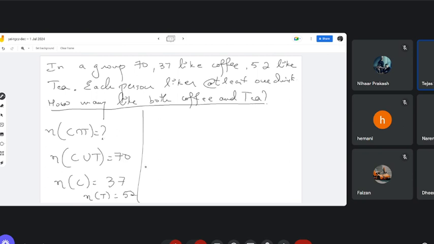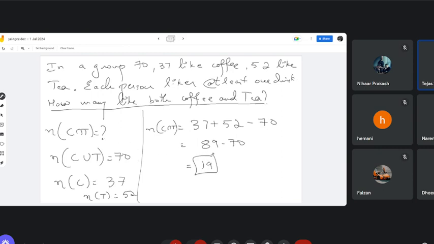You know what to find. Same formula you'll apply. So it will be 37 plus 52 minus 70, equal to n of C intersection T. 37 plus 52, 89, minus 70. 19 people like both coffee and tea amongst the 70 people.